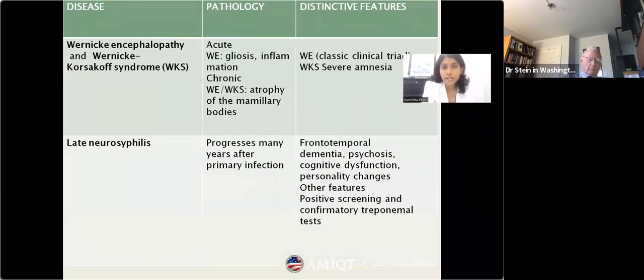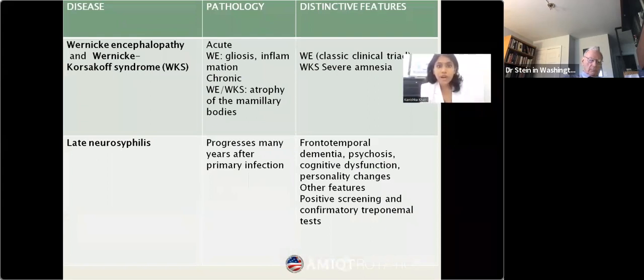The other rare condition is Wernicke's encephalopathy and Wernicke-Korsakoff syndrome. This is again another potentially reversible cause of cognitive decline and has the classical clinical triad of confusion, ataxia, and ophthalmoplegia.